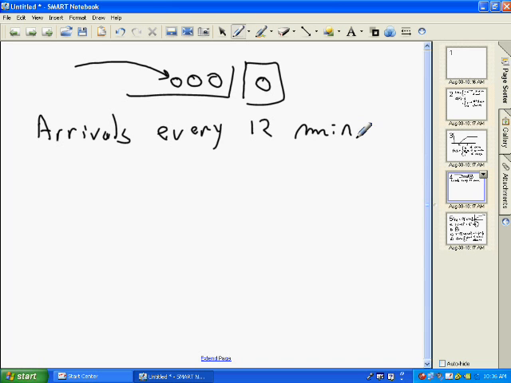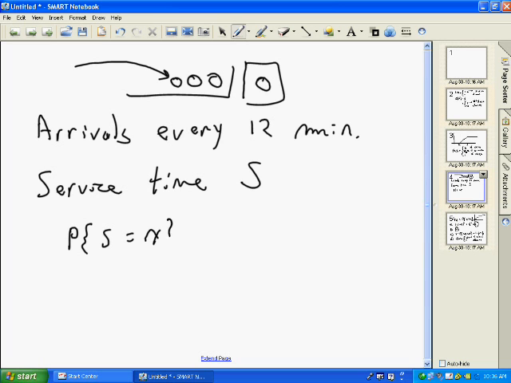So let's say the service time, we're going to do it something like this. Service time is, we'll say, a random variable S. The probability S is equal to some value X is as follows.